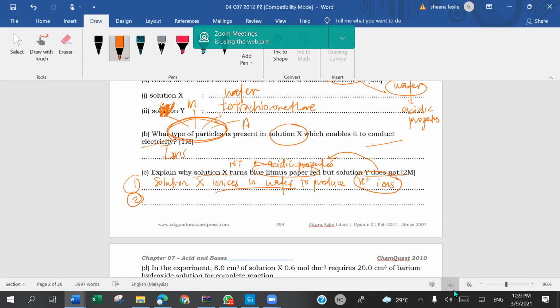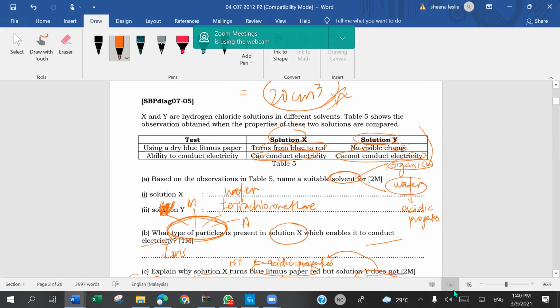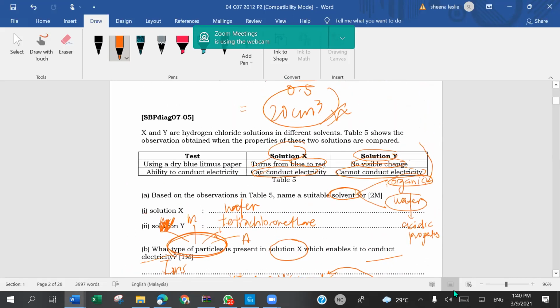Why can solution Y not turn blue litmus paper to red? Is it solution Y ionizes in water to produce OH ions? Solution Y has no visible change and cannot conduct electricity. So that means I have an organic solvent there.